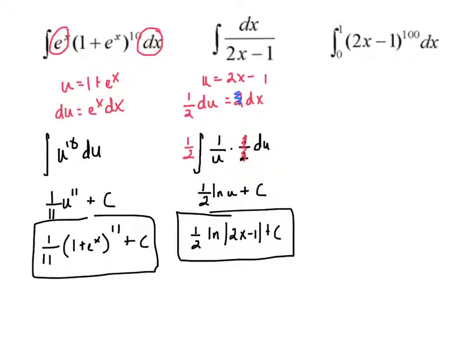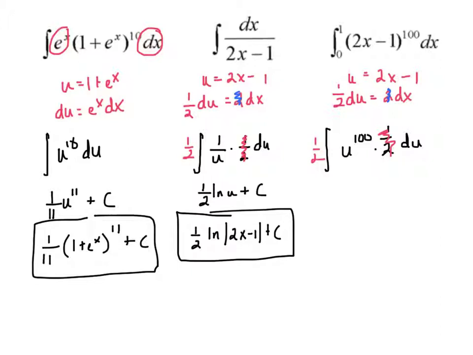Last one. We're going to make u 2x minus 1. So du is 2 dx. So once again, I'll divide both sides by 2. So my integral becomes u to the 100th power multiplied by 1/2 du. I'll bring that 1/2 out front.